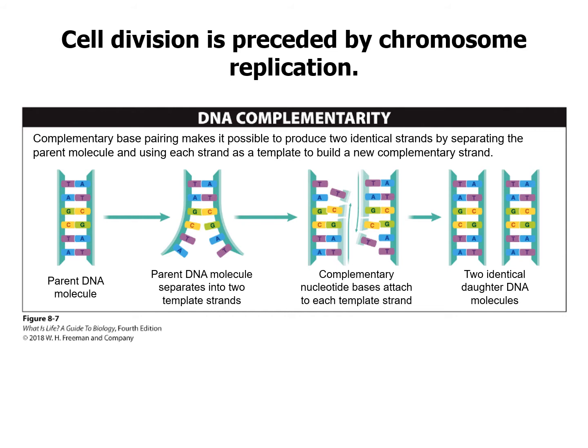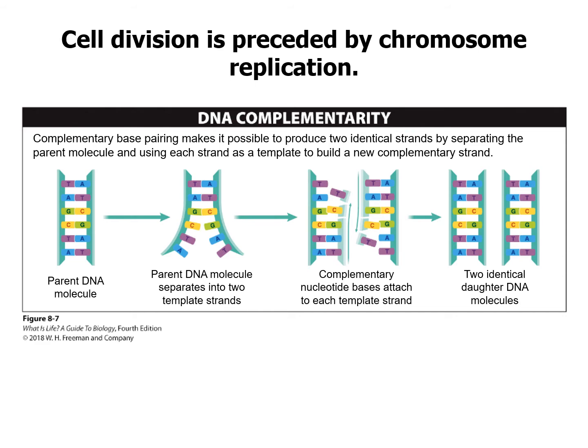And this is a very important concept to understand, because as our DNA gets unzipped, we are going to fill in that side, and that is going to result in identical daughter DNA molecules.